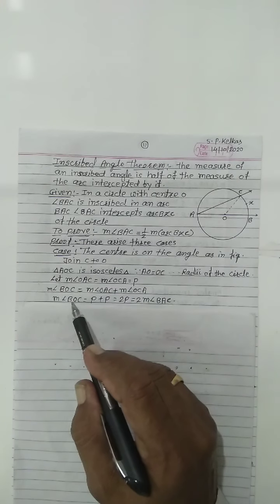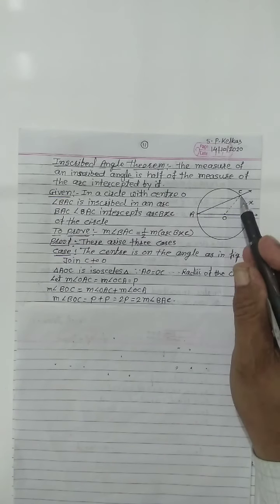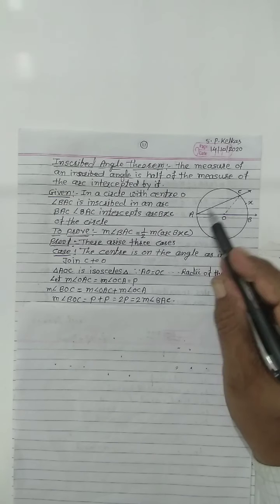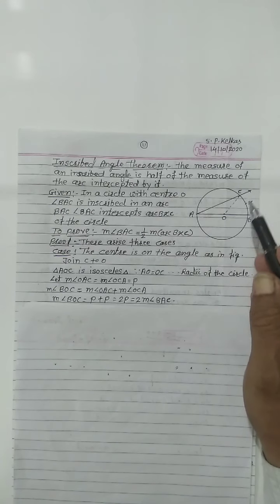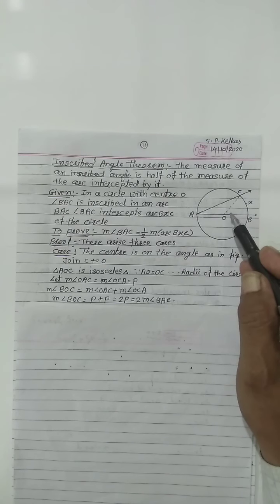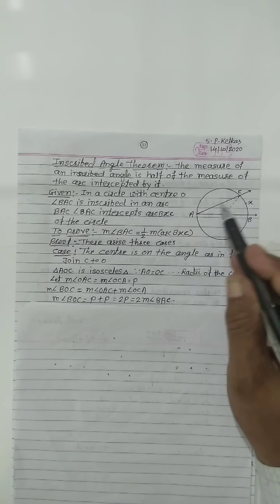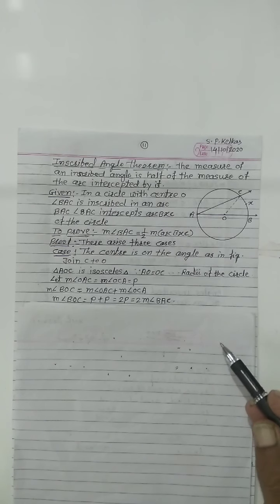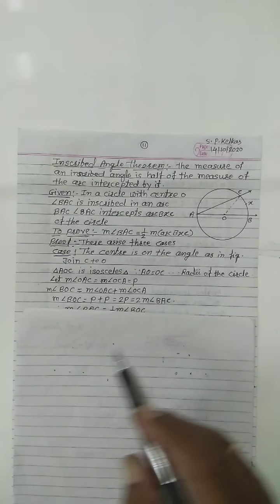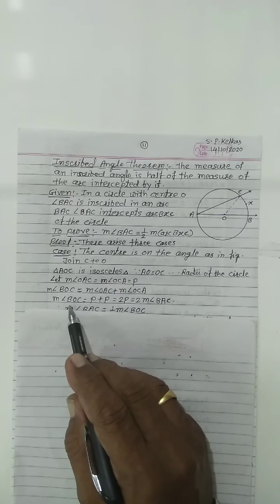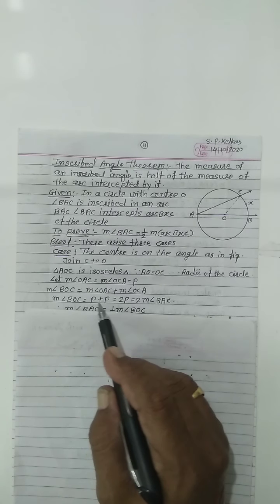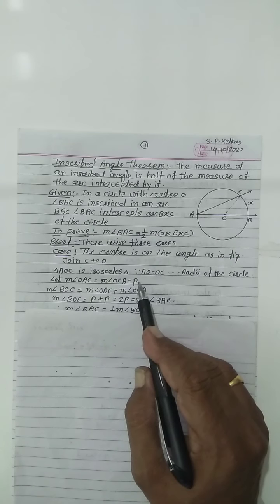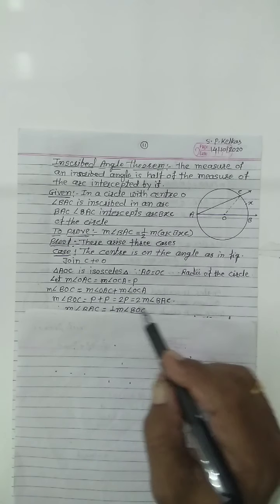Then the measure of angle BOC equals the measure of angle OAC plus the measure of angle OCA, means the measure of this angle equals the sum of these two angles. That is the remote interior angle theorem. Then we write the measure of angle BOC equals P plus P, because we take the measure of these two angles equal to P, so P plus P equals 2P.